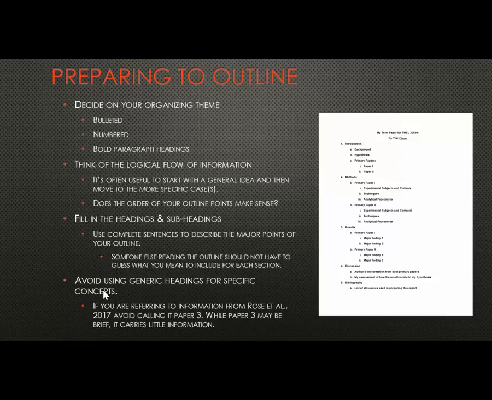If you refer to it as Rose et al., then that defines it more specifically. Or you can define it by the journal it was published in and the year it came from. Try to make specific references to your work so that it's easy to find later.